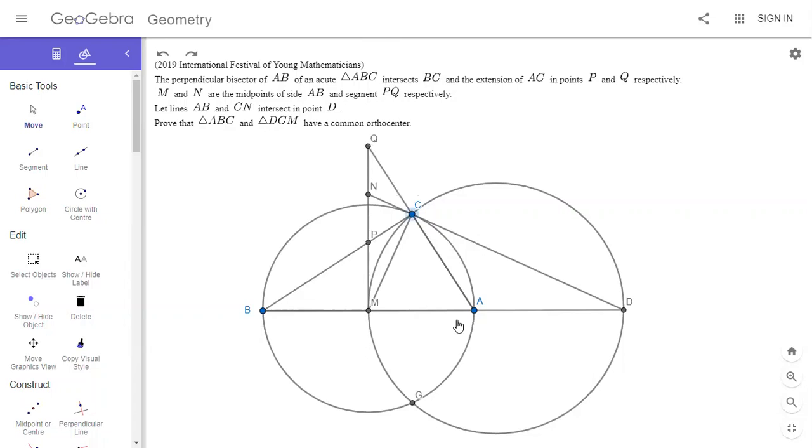So if we project, then we get A, D, B. The orthocenter, that's where the altitudes meet.